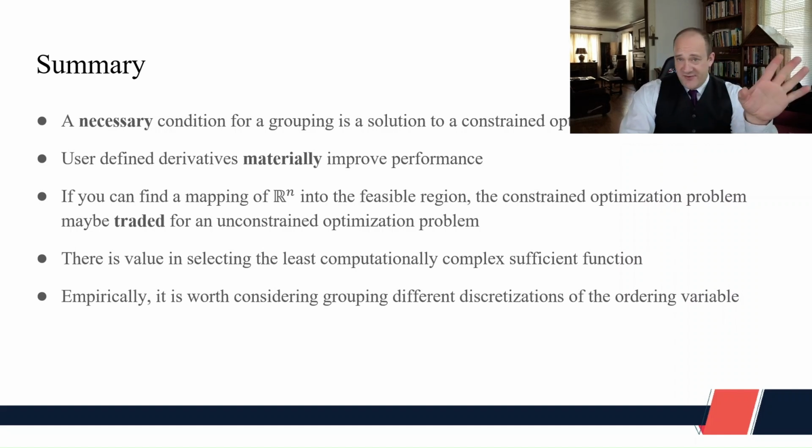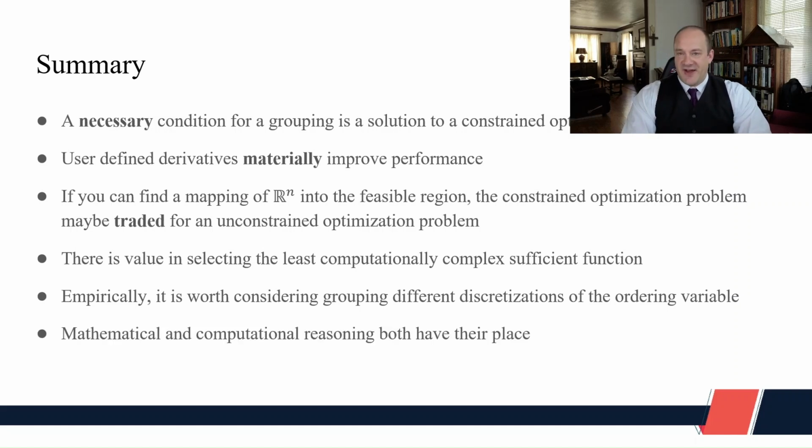Moreover, if your target variable has a high variance empirically, it's been my experience that it is worth considering grouping different discretizations of your ordering variable. And finally, and this is the overarching theme, I hope it's clear that both mathematical and computational reasoning have their place.